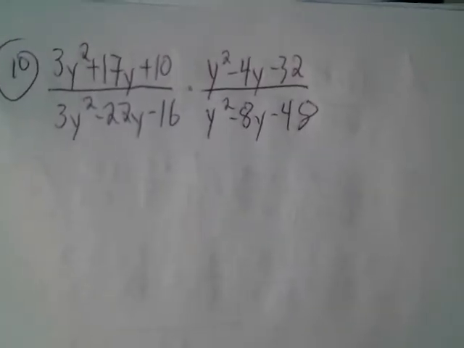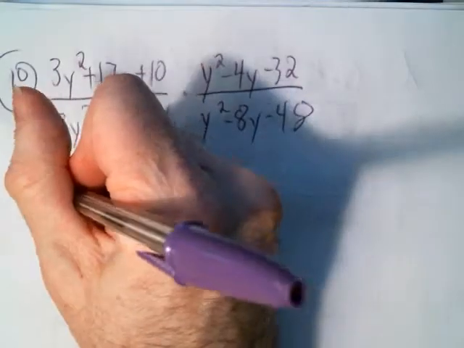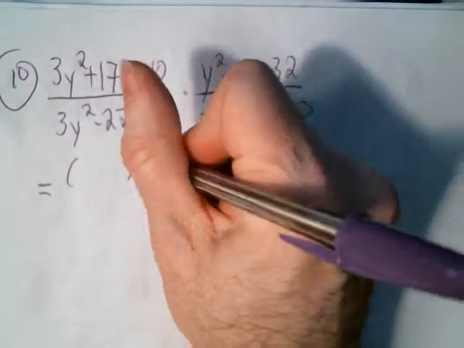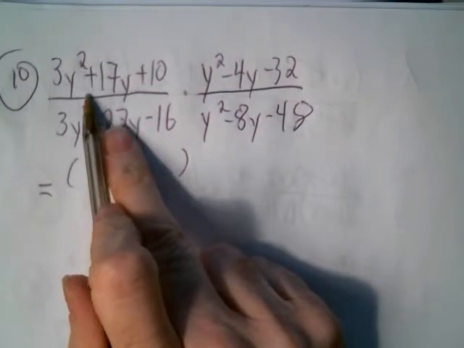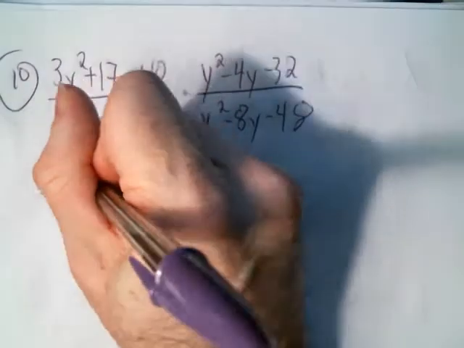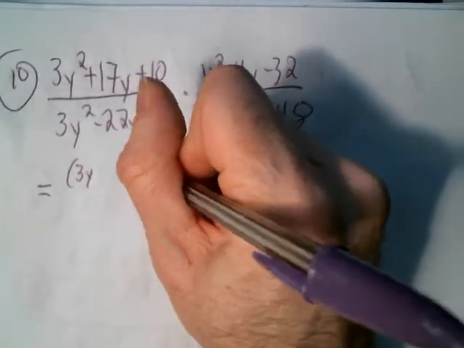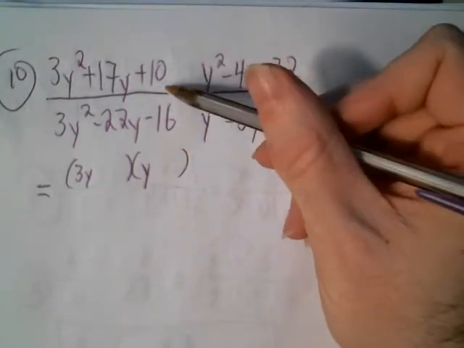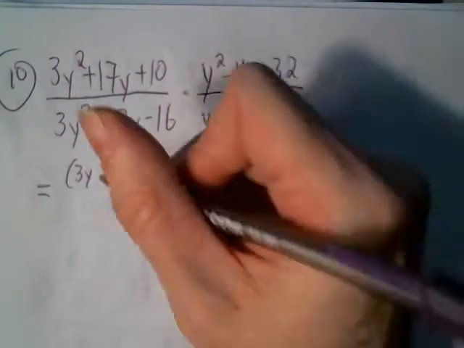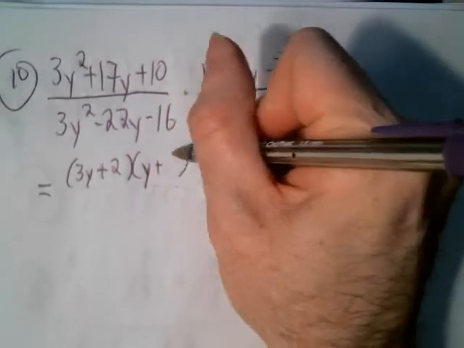Okay, so factor, and there's a lot to factor here. So firstly, this polynomial, I believe it's quadratic, so we're going to go 3y and y, and then probably 5 and 2, or 2 and 5, right? So plus 2, plus 5.